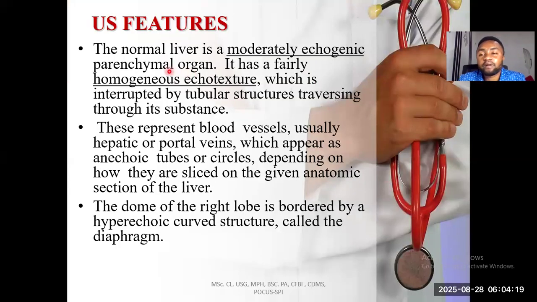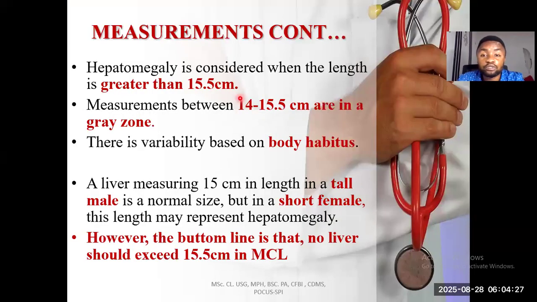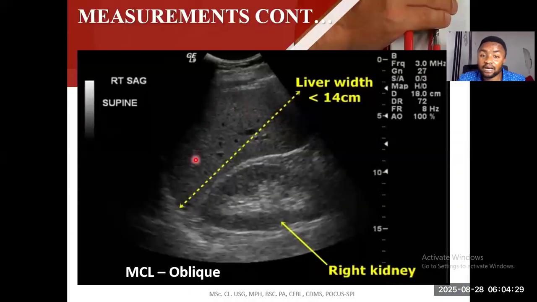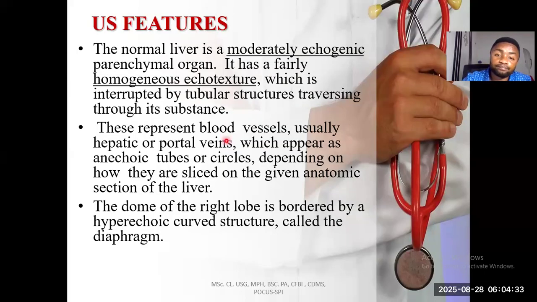All right. So as I said, the parenchyma is just the tissues of the organ. It has a fairly homogeneous echotexture. The liver is fairly homogeneous. If you see this liver, you can see how nice it is. Very nice, right? Which is interrupted by what? Tubular structures traversing through its substance.